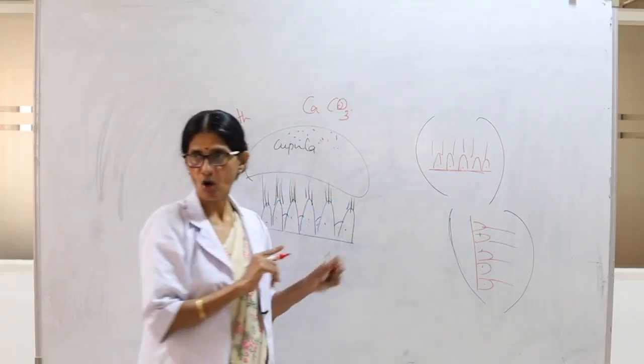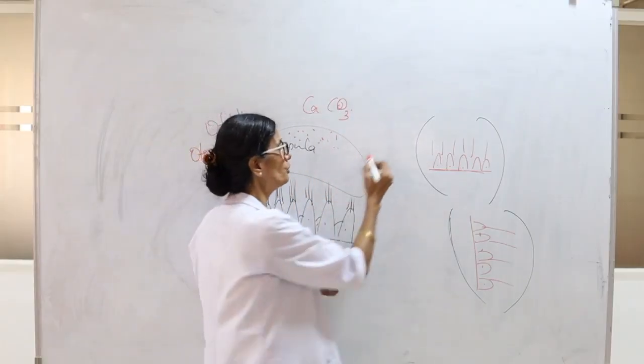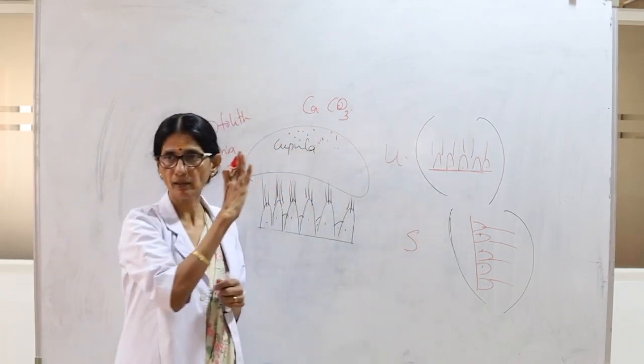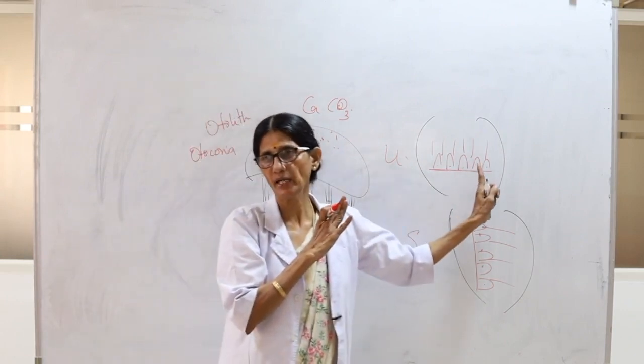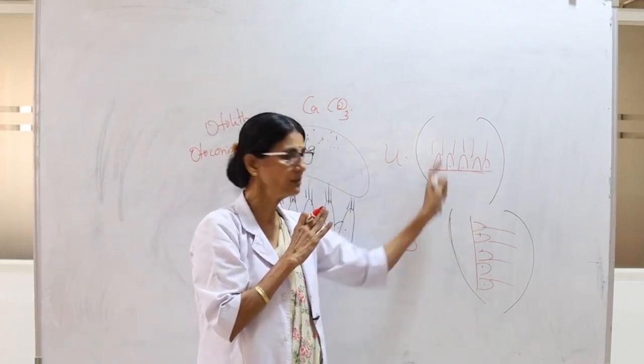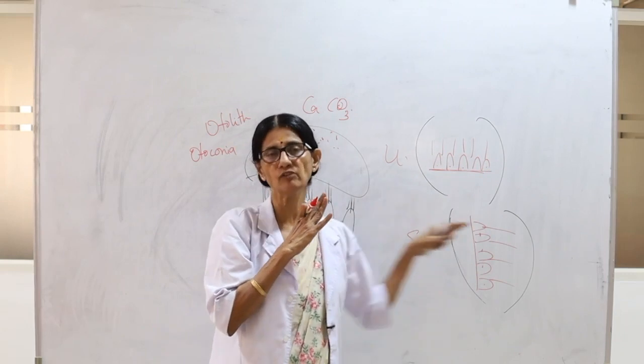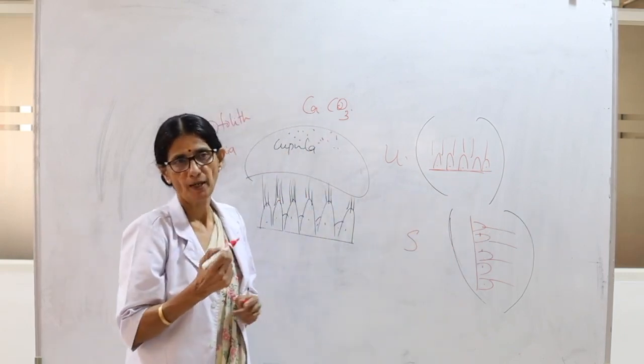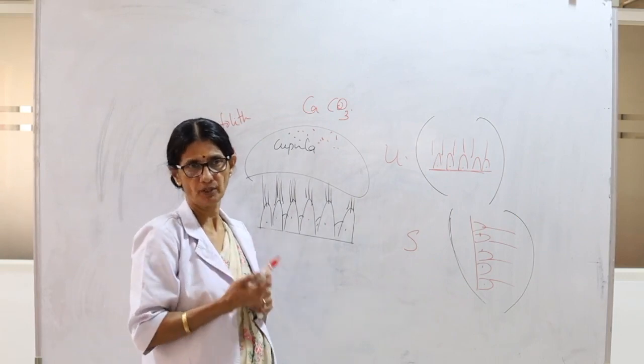So the direction of the hair cells will be different in the utricle and the saccule.